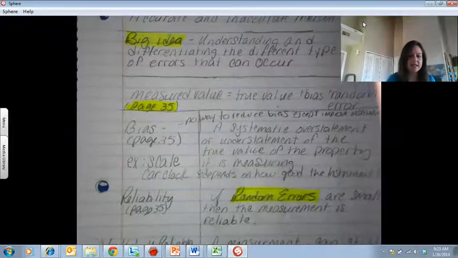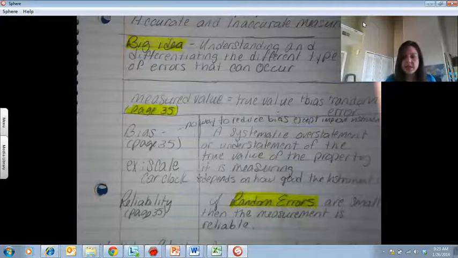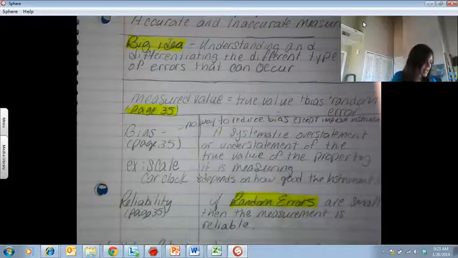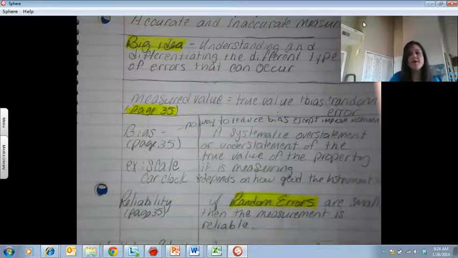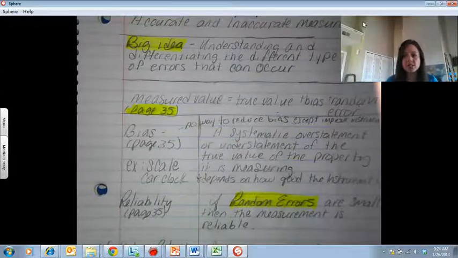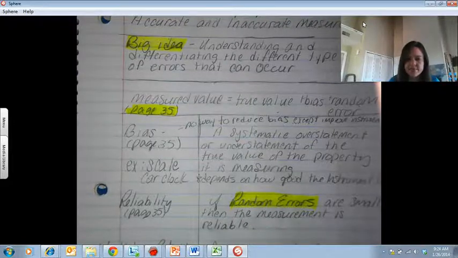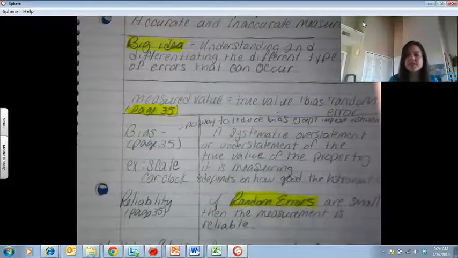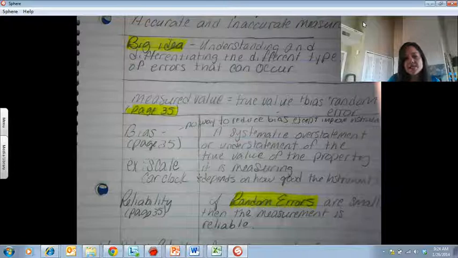The book talks about random error when it talks about reliability. Reliability says if random errors are small, then the measurement is reliable. When talking about the bias, about a scale being over 3 pounds every day, the author goes back and says that sometimes it gets stuck and it's 1 pound over, a half a pound over, a little tiny bit over or under every day, and that's going to be a random error, and it's still reliable if that error is very small.